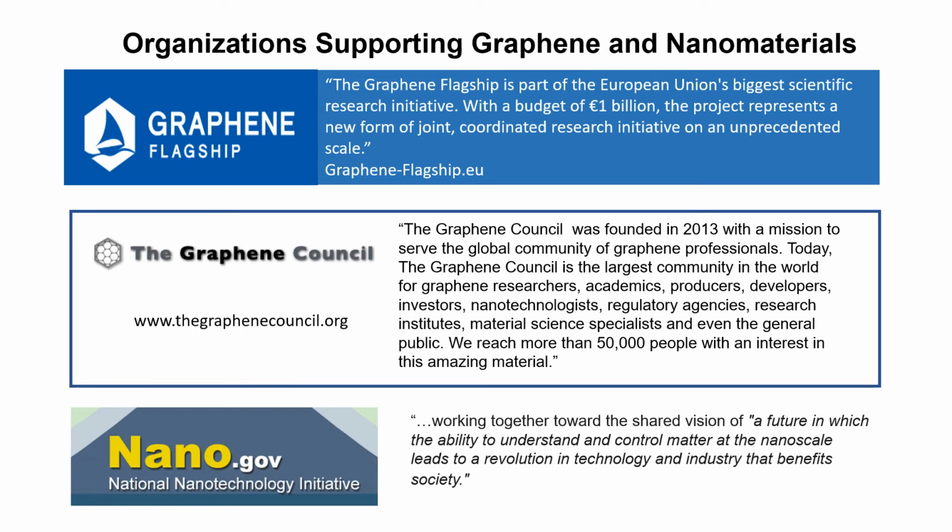They reach more than 50,000 people with an interest in this amazing material. And within our own U.S. government, as just a third example, nano.gov is working together toward the shared vision of a future in which the ability to understand and control matter at the nanoscale level leads to a revolution in technology and industry that benefits society. Yeah, I really believe there is promise here.